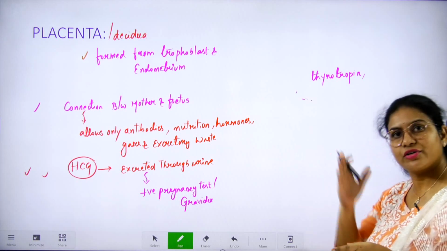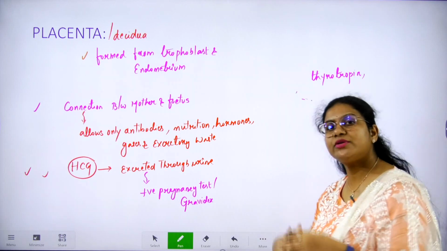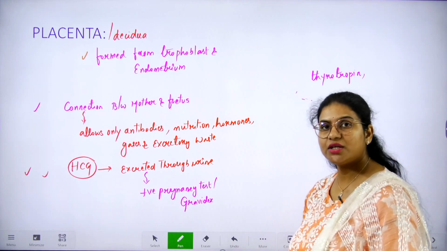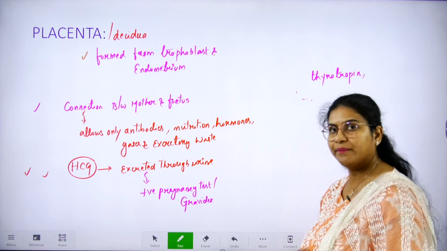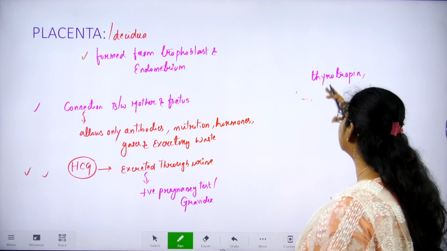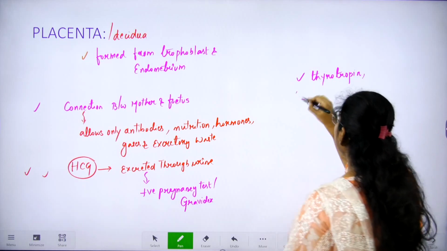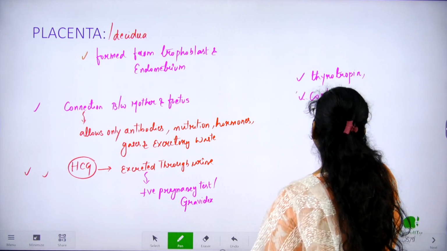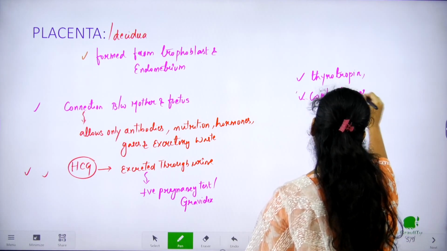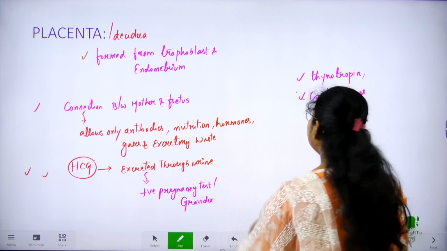Epiblast cells will remain like epiblast, hypoblast will remain like hypoblast. We come across differentiation, redifferentiation, dedifferentiation terms in botany. So for that we require thyroid hormone for metamorphosis. So thyrotropin, corticotropins. What are corticoid hormones? Hormones from the adrenal cortex. So they are also secreted from the placenta.